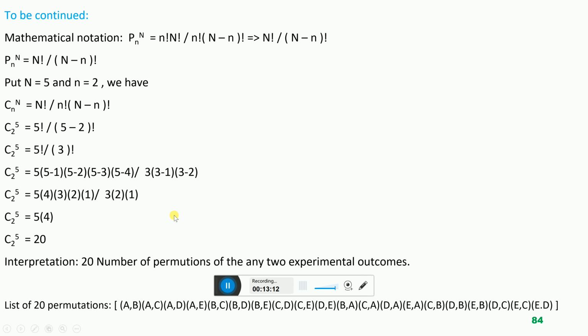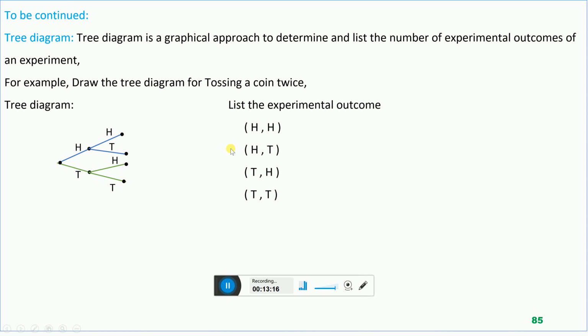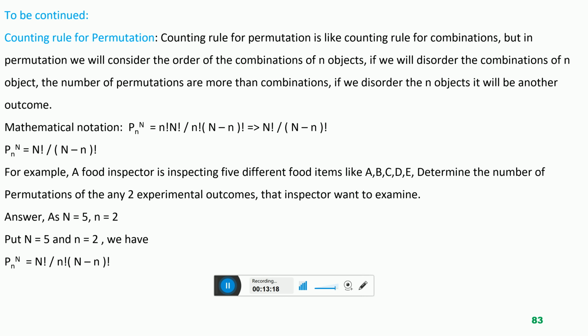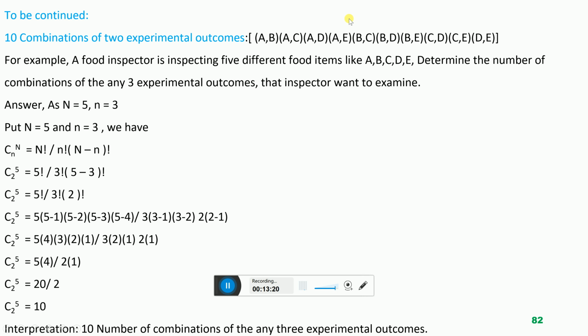We disorder the combination. Let me take you back to the combinations. These are the 10 possible combinations: AB, AC, AD, AE, BC, BD, BE, CD, CE and DE. 10 combinations of this example we developed. But permutations are 20.